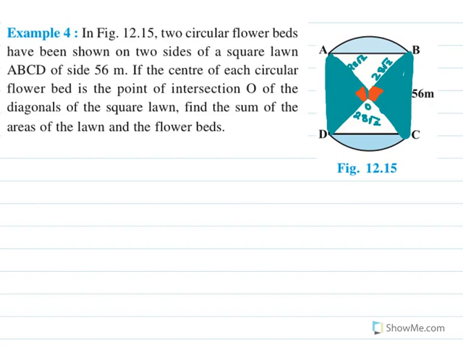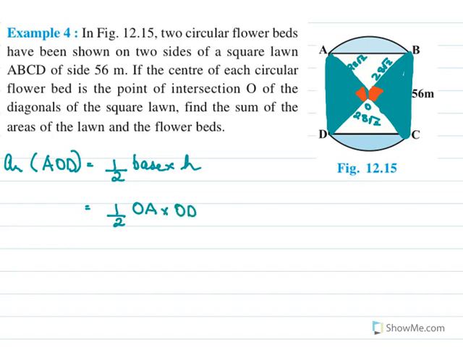We'll mark this as O. So we have now area of AOD is half base into height. Now half, the base we know is OA and the height is OD. Let me explain that again. So this could be called the base, this could be called the height, or the reverse also.